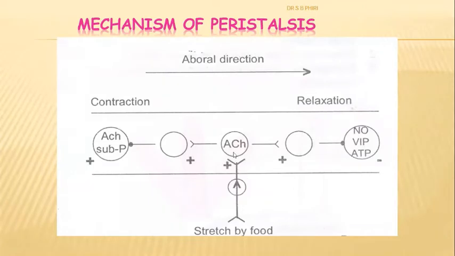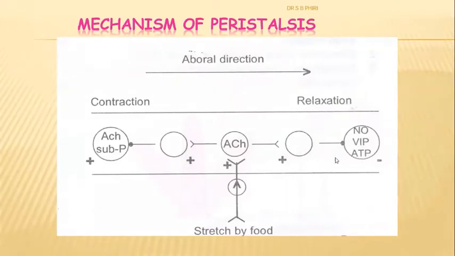Those that are projecting forward are going to release nitric oxide, VIP, which is vasoactive intestinal peptide, and also ATP. These are the neurotransmitters that will bring about inhibition of motility. The smooth muscle cells are going to be inhibited by hyperpolarizing them.